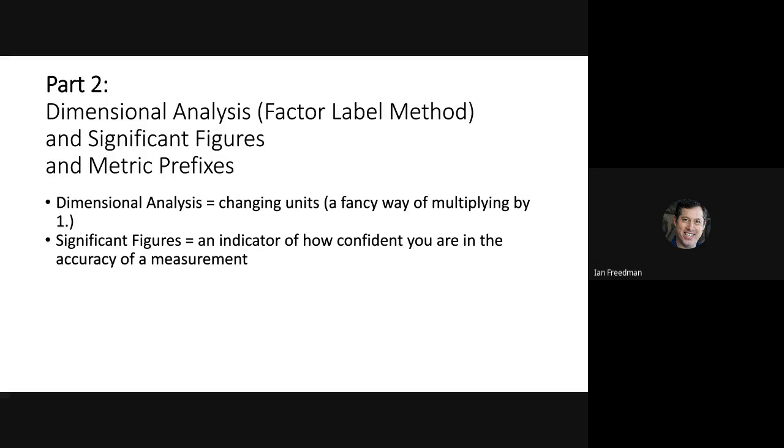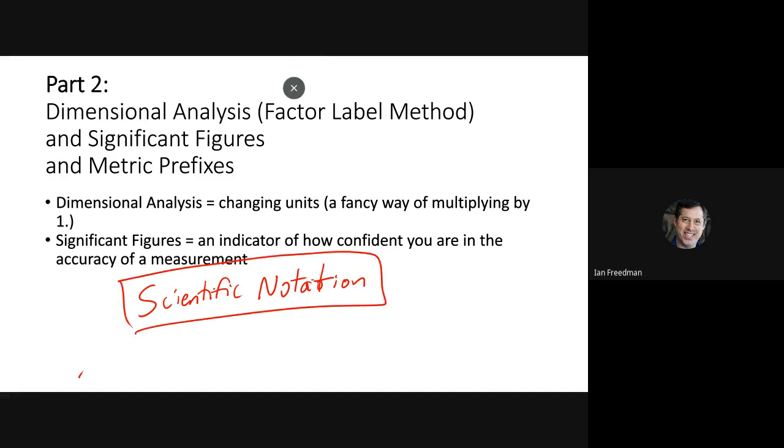It's also worth mentioning, because I didn't put it in here, that you really should check out your scientific notation. If you are rusty on your scientific notation, you want to make sure that you go over that and that you're familiar with scientific notation.